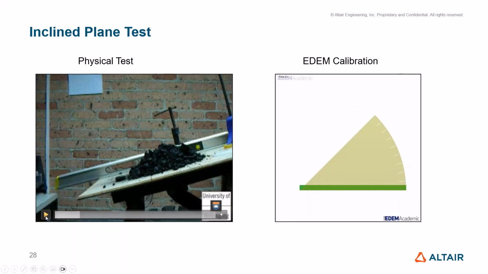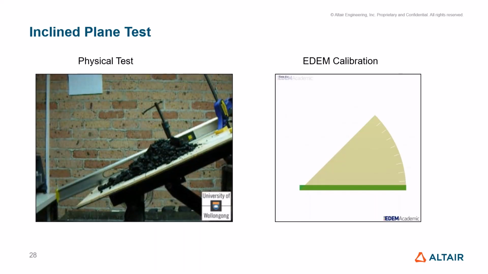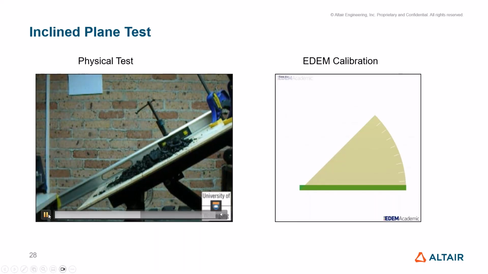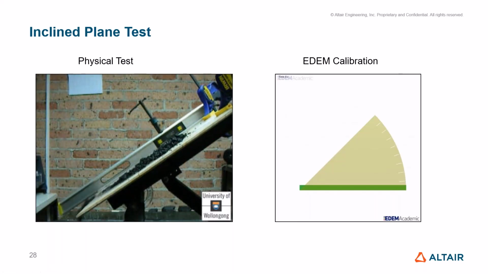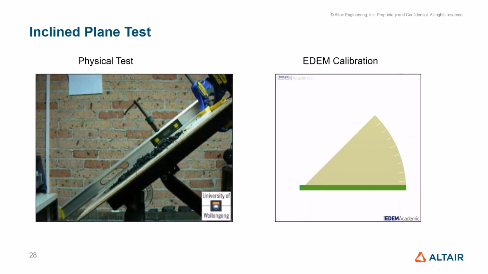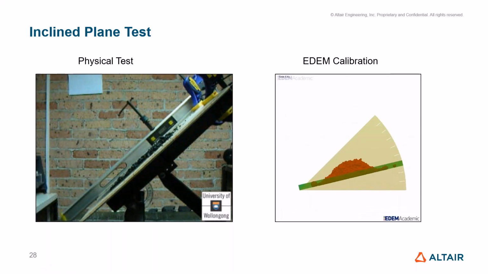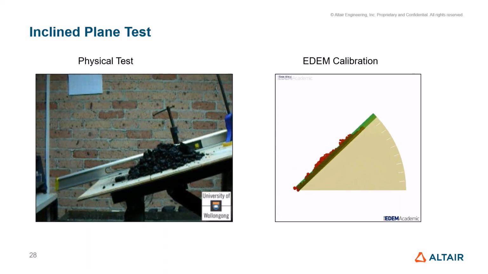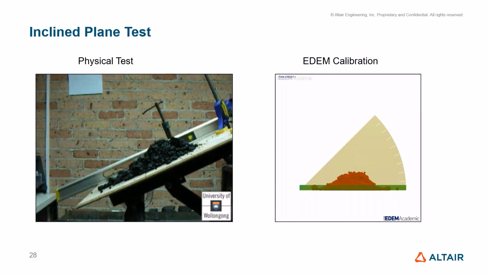You pour the gravel or the respective material, lift the plate, and rotate it about an axis, and monitor the angle at which the material starts flowing, which is the initial angle of slip, and the angle at which the maximum amount or the complete material flows down, which we name the final angle of slip. The same is measured in EDEM, the initial and final angle of slip, by adjusting the particle to geometry frictions. So these are the calibration tests that will be performed.